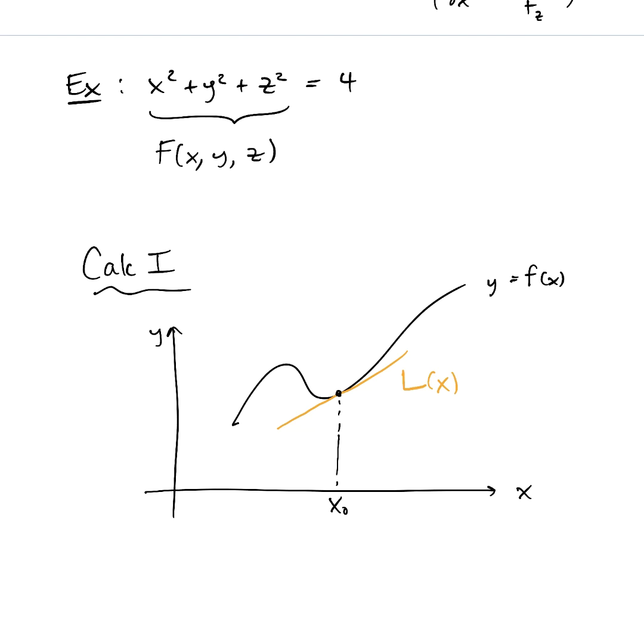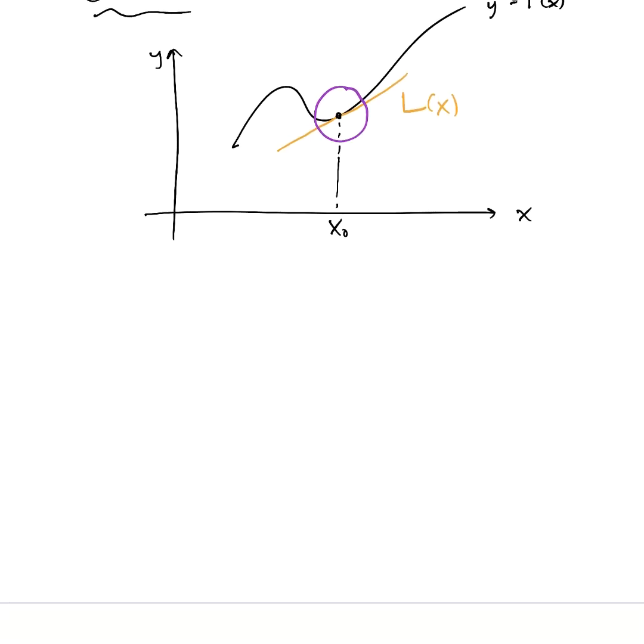And though they don't agree at points near to that tangent point in this drawing, if you zoom way in, you would see something like this. There's the purple circle. There's the function. And here's the line.